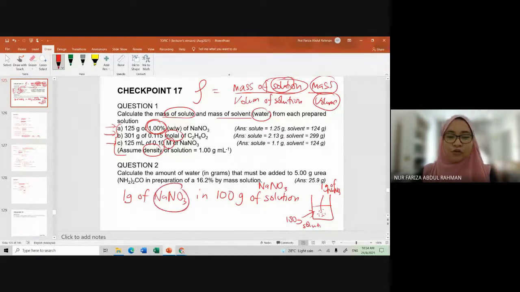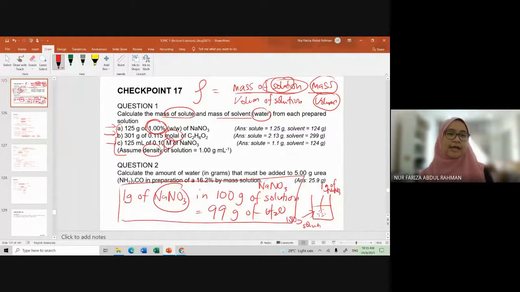This is the solute only. This is the solution. That means we can also find out the amount of solvent present in the solution. We can simply subtract 1 gram from 100. So it will be 99 gram of water. Do you see how much information we can extract from the percent by mass of sodium nitrate solution?